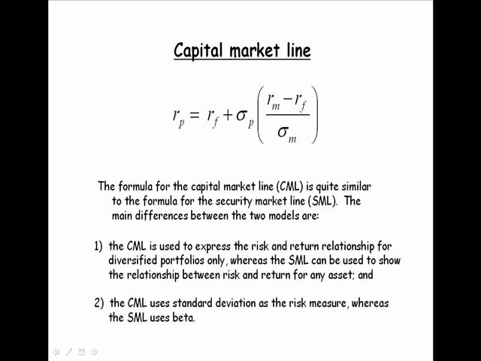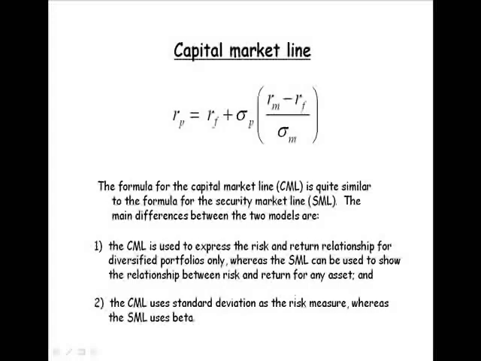The formula for the capital market line, as we see, is very, very similar to the formula for the security market line, but there are some major differences. The first major difference is that the CML is used to define the risk-return relationship for diversified portfolios only, whereas the security market line can be used to show the relationship between risk and return for any asset: any individual asset, any portfolio, or any well-diversified portfolio.